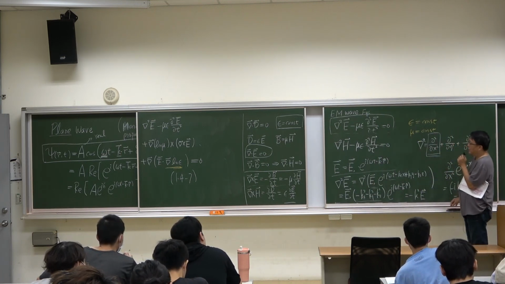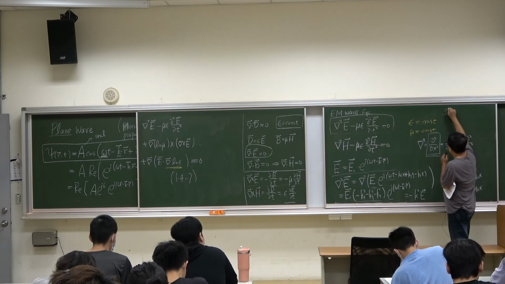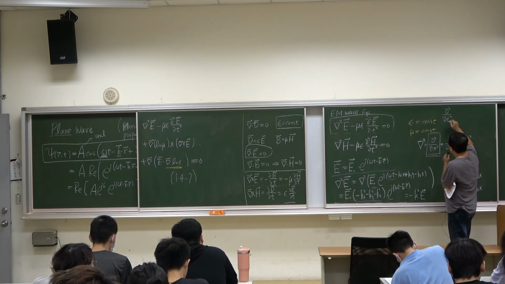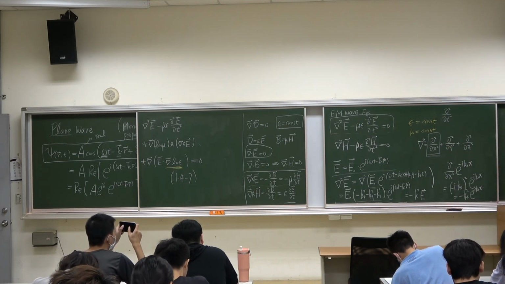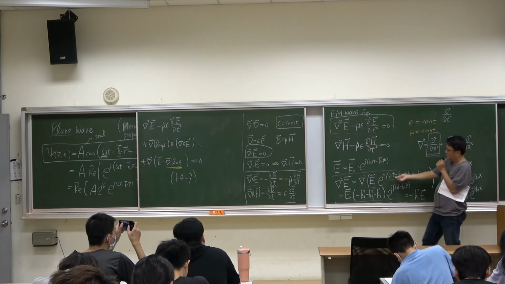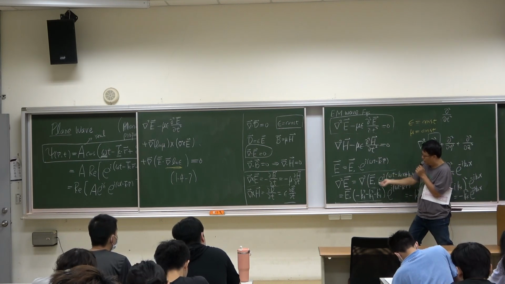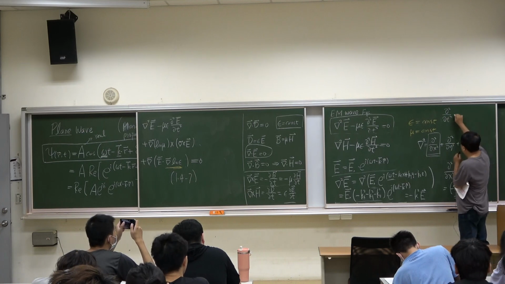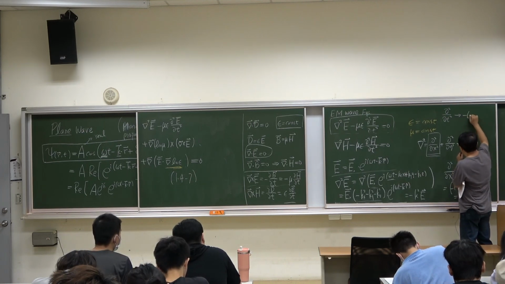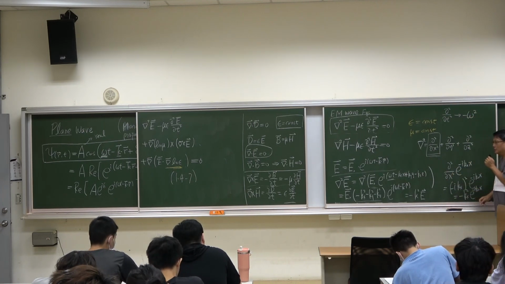And how about the time derivative? Time derivative is very simple because you apply only to this part, and this gives you minus omega squared.